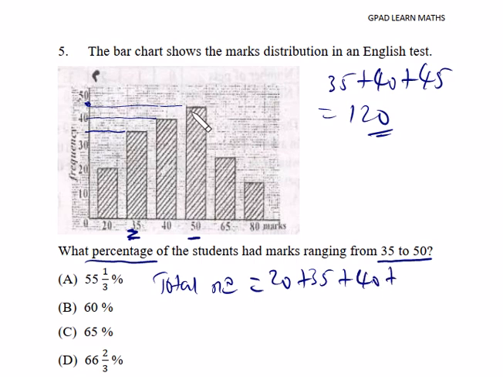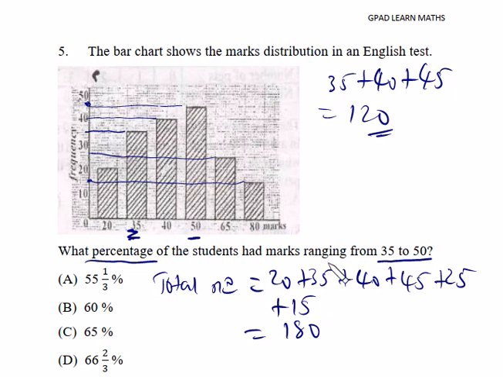The next one is 45. The next one is 25. The last one here is 15. When you add all this, you get 180. So 180 students took the test.